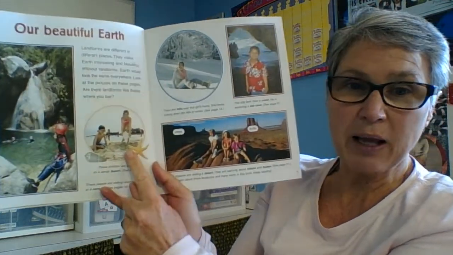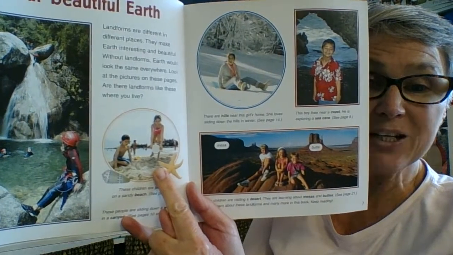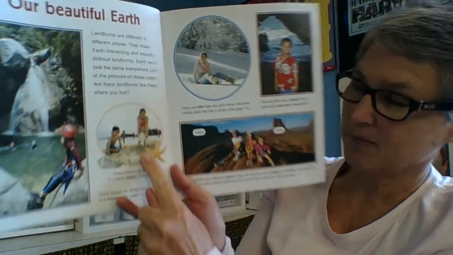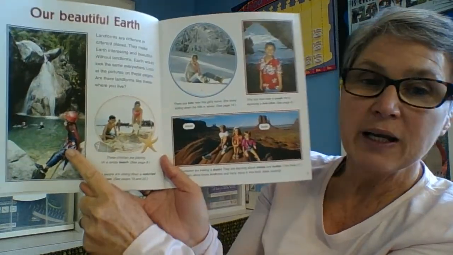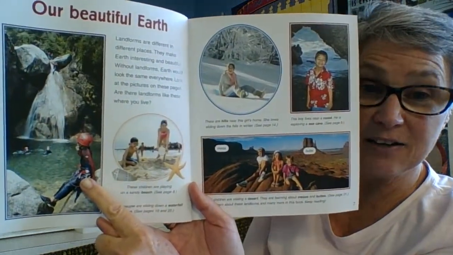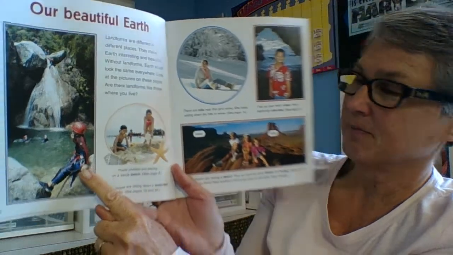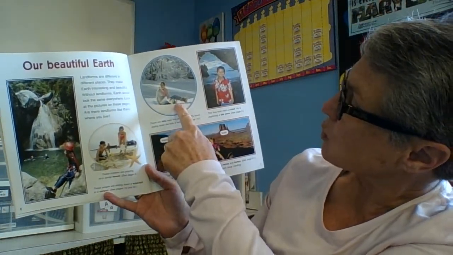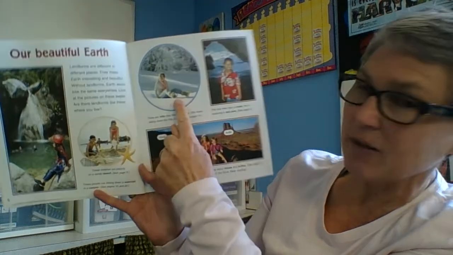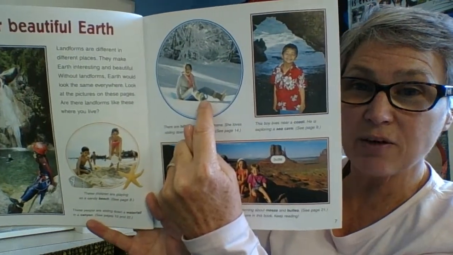These children are playing on a beach. These people are sliding down a waterfall in a canyon. There are hills near this girl's home. She loves sliding down the hills in winter.